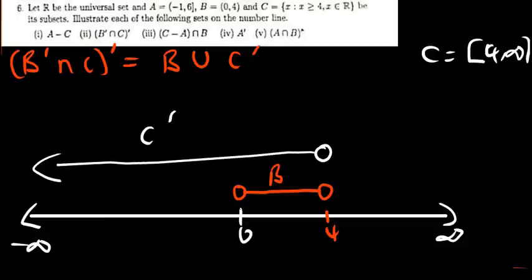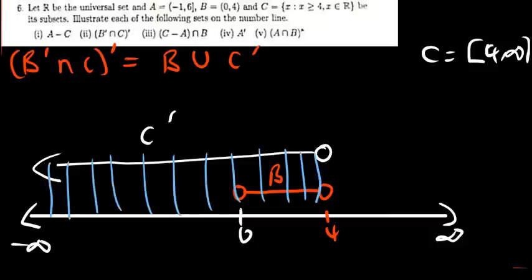So that is C complement. Now union, we are just writing everything that we have. Okay, so this is my union.